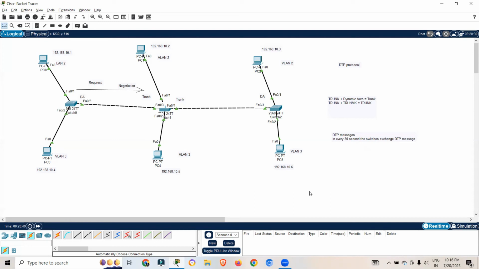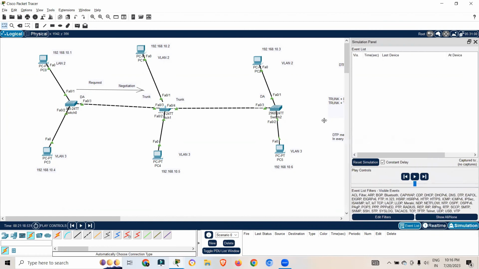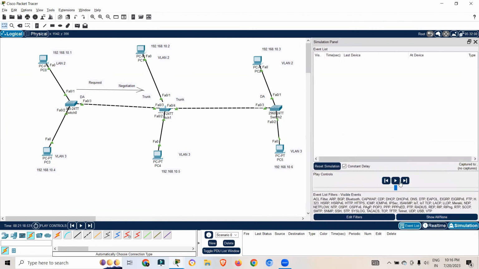One last question: is this 30 seconds configurable? No, it is the default in DTP and we cannot change it.